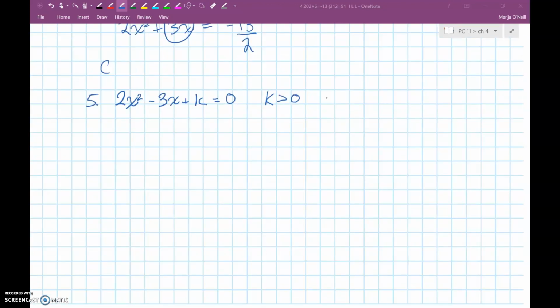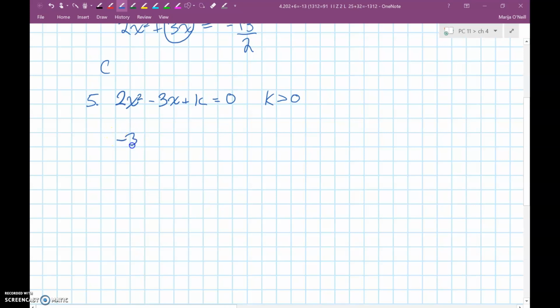Now on to question 5. It's trying to see how many solutions there are to this equation, given that k is greater than 0. I showed my work by saying b squared minus 4ac equals 0 to find k.